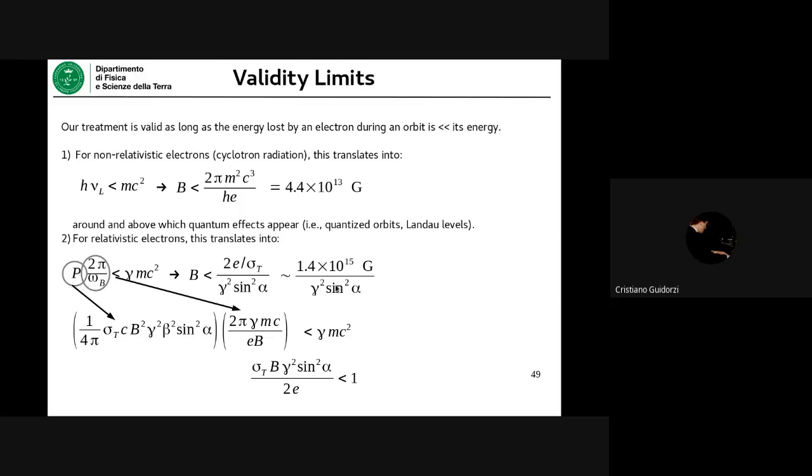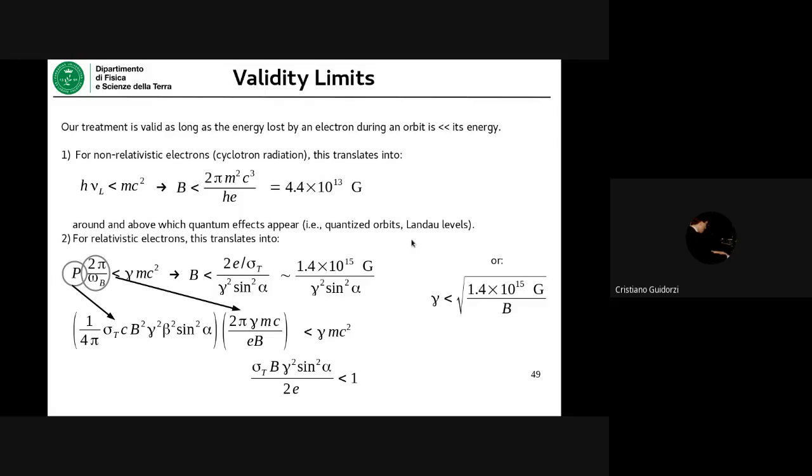But you can also use this condition as a condition on the Lorentz factor of the electron for a given magnetic field. So, if you just invert, you bring the magnetic field here and the gamma here. Let's assume, for simplicity, a pitch angle comparable with 90 degrees, so the sine is just 1.